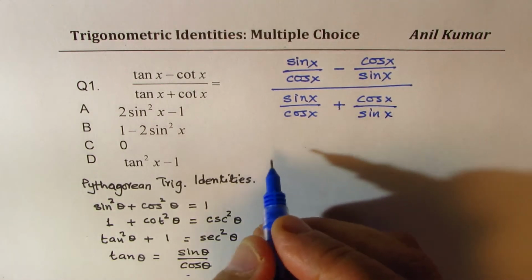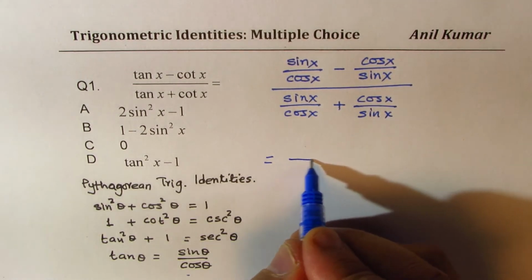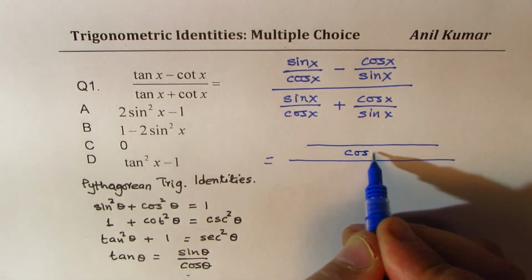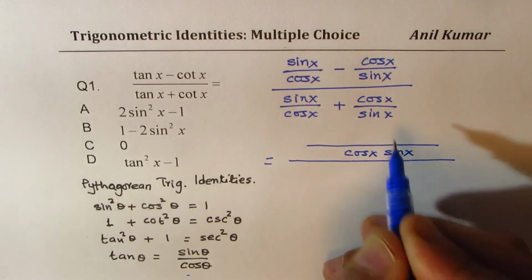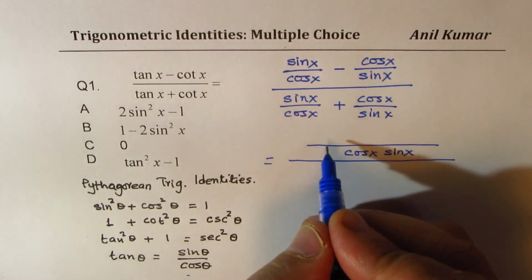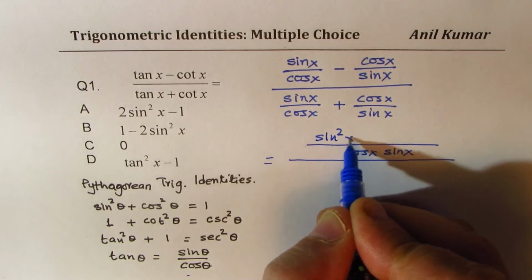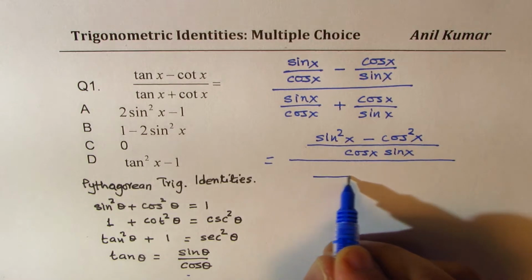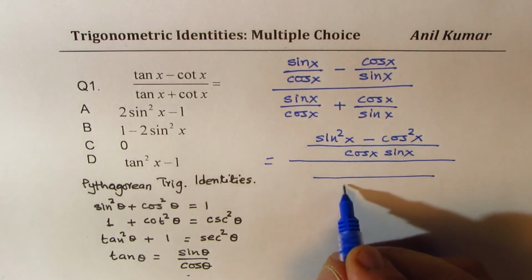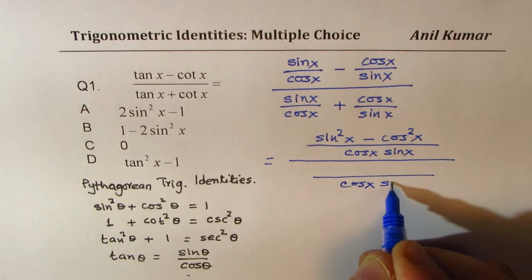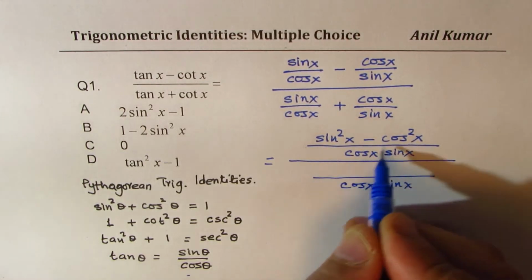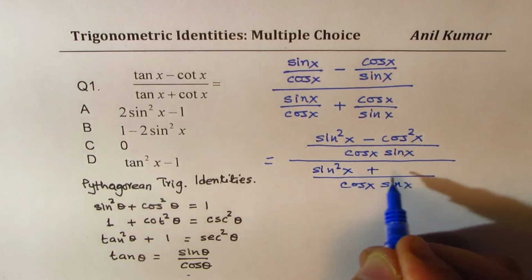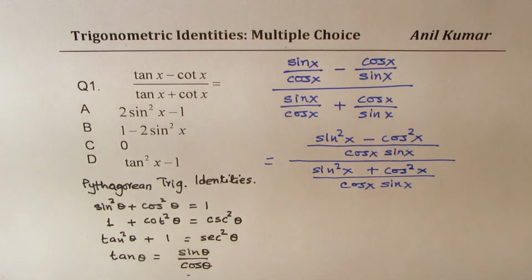Now we can take common denominator and rewrite the given expression as, common denominator is cos x sin x. And what we get here by cross multiplying is sin square x minus cos square x. In the denominator also, we'll take the common denominator, which is cos x sin x. And when you cross multiply, you get sin square x plus cos square x.